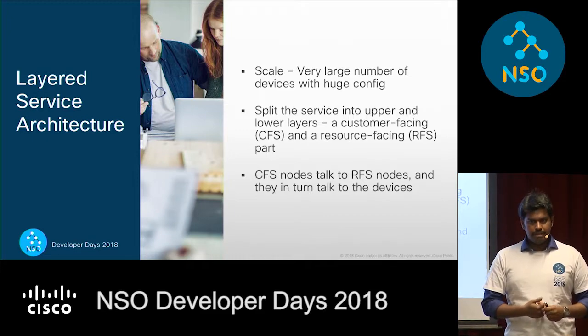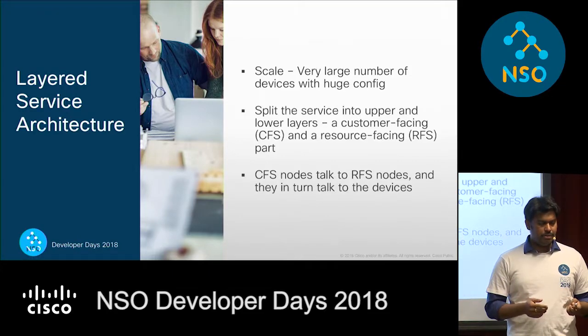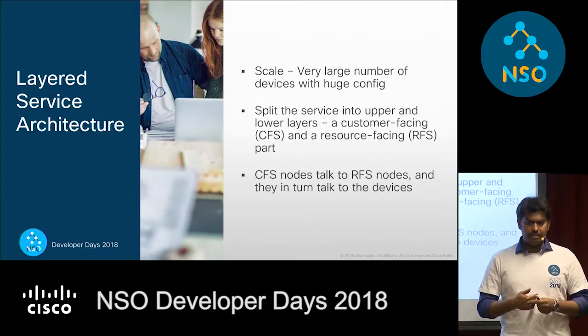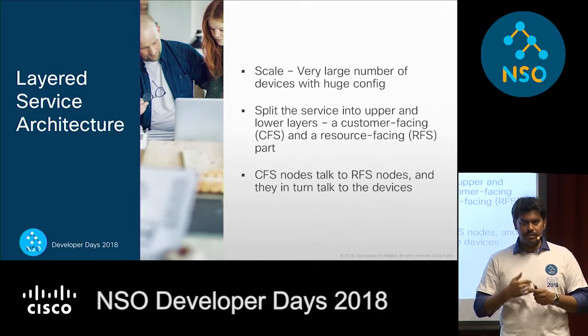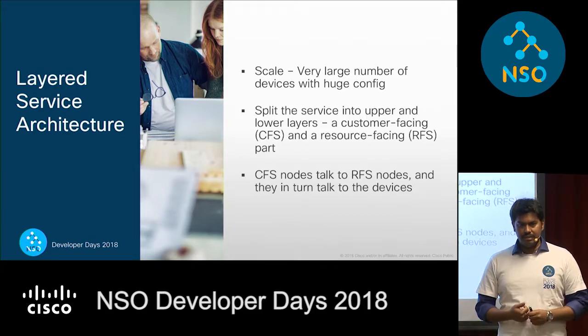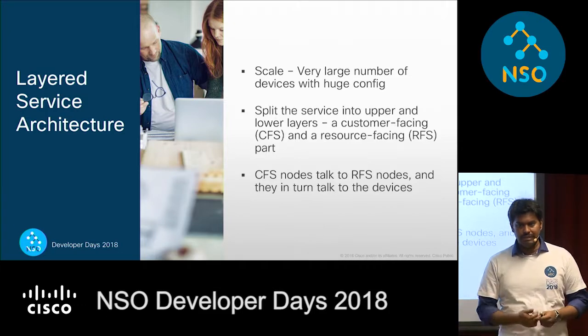So there is some work required to have this working, because you have two different services now. One is the customer-facing service, so to speak, which is in the upper layer that only talks to the lower layer NSO nodes. And then you have another service package in the lower nodes that talks to the actual devices.